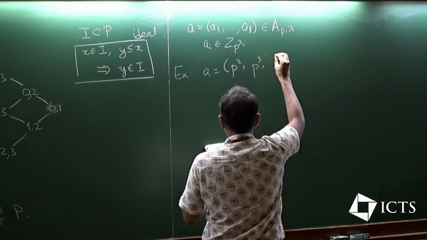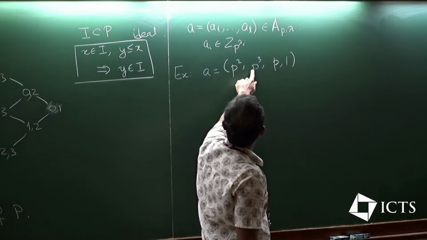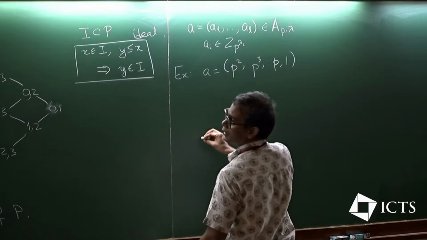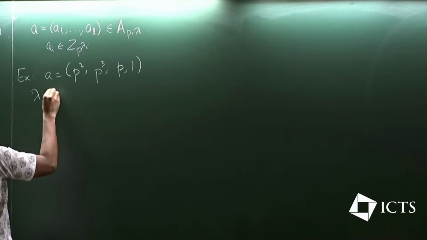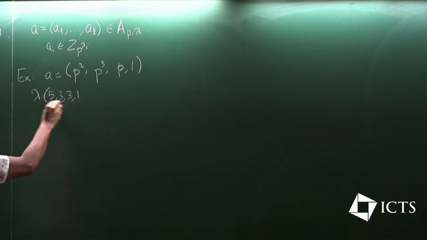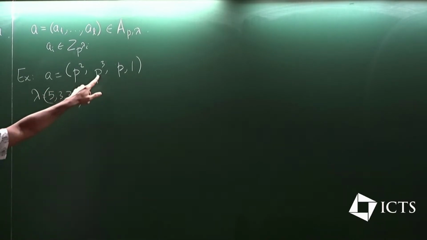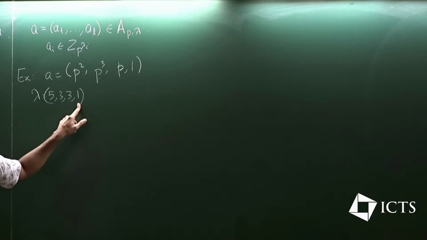So here's an element. I should say something about lambda. My lambda is the same thing, (5, 3, 3, 1). So what that means is that this is p squared in Z mod p to the 5 Z. This is p cubed in Z mod p cubed Z. This is p in Z mod p cubed Z. And this is 1 in Z mod p.